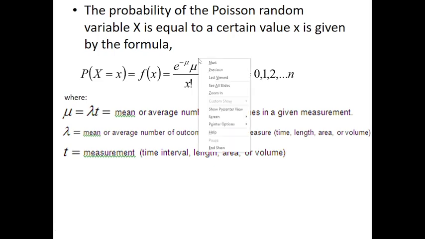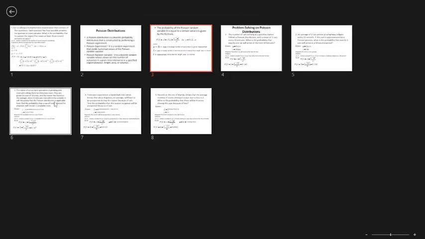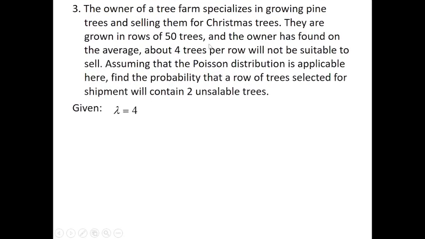Okay? So in that case, our measurement is row. That is our measurement. Okay? Row. So that is now T. Okay? T equals 1 row, in short.